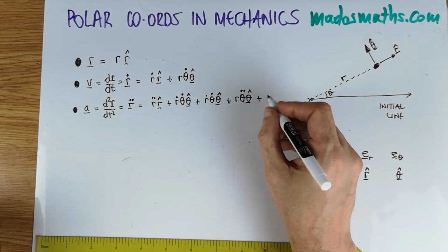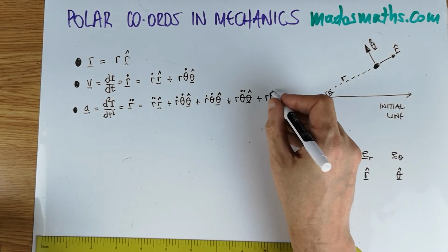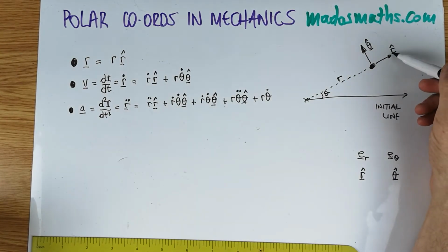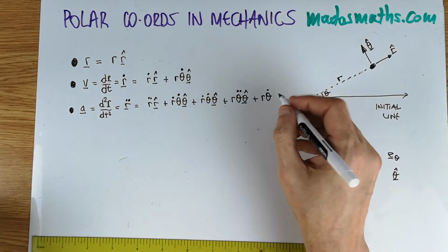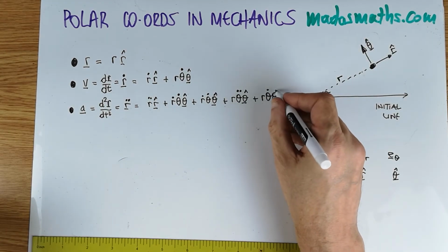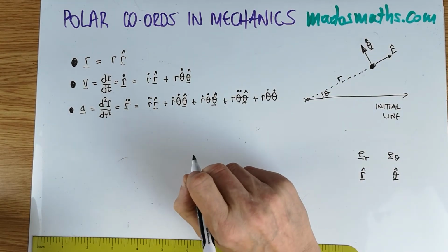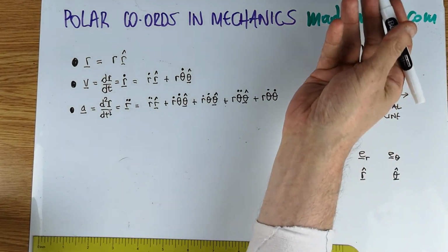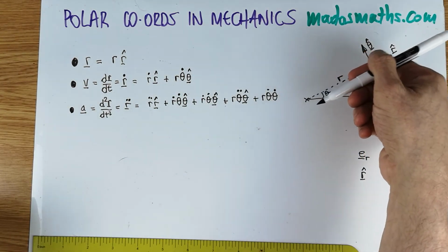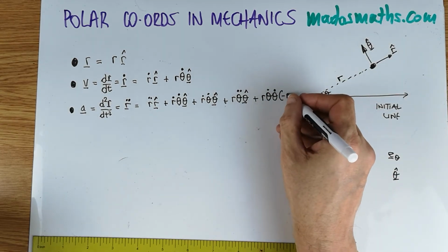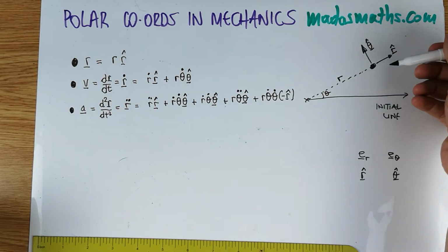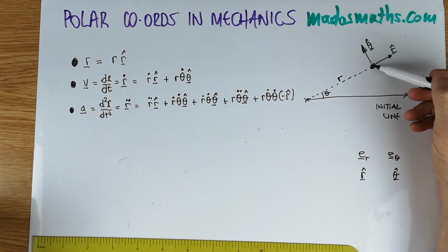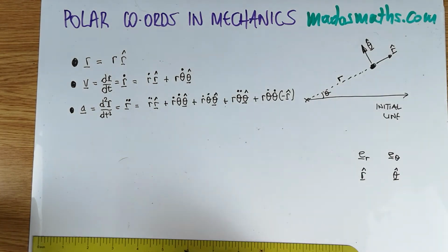So that is r theta dot unchanged. Theta hat: the same way r hat depends on theta, so does theta hat. So it will produce another theta dot by the chain rule, and the theta hat will rotate by 90 degrees in an anti-clockwise direction. So it's going to go in the minus r hat direction, which is basically: the r hat is radially outwards, the minus r hat is radially inwards.